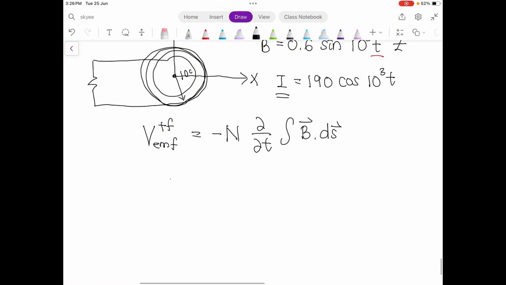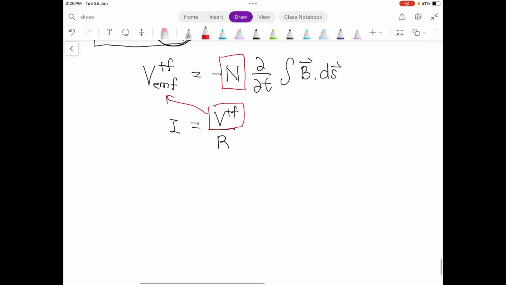You can get the I by dividing the transformer EMF voltage with the R. Meaning they give you the transformer EMF through the calculations, and all you have to do is to find the N.